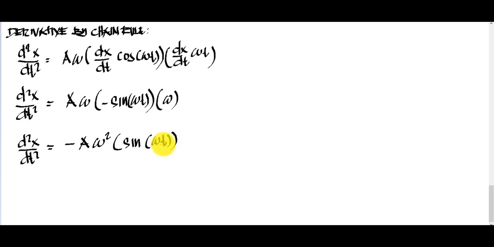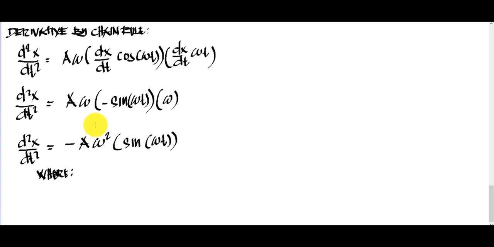Now we have the second derivative value, where take note that the value of a sine of angular velocity times time is equal to the value of x.